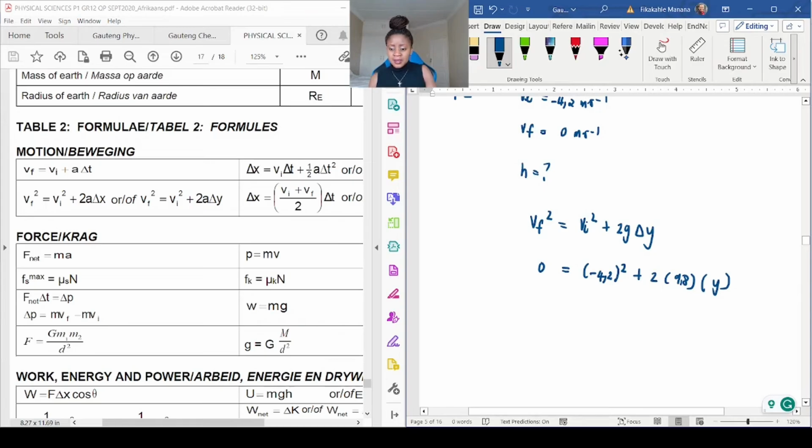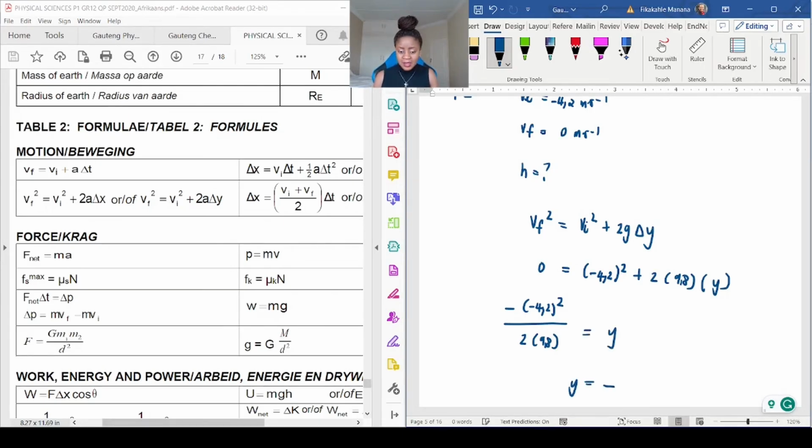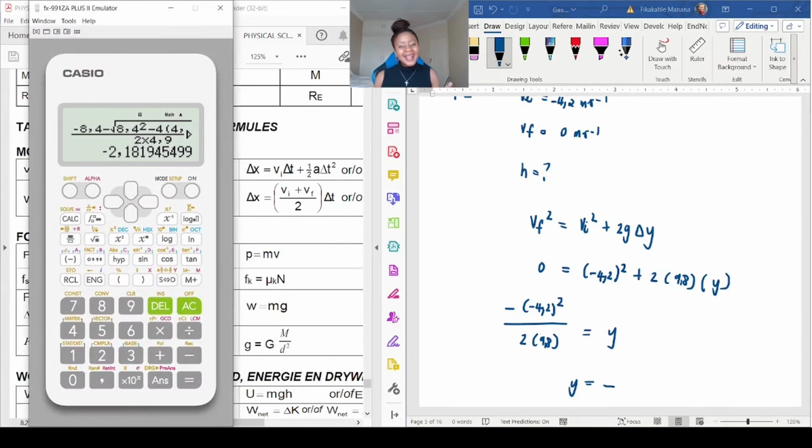So negative 4.2 squared divided by 2 times 9.8 is equal to y. So y is equal to negative what? But because this is the height we are referring to, ultimately you're going to have to say your answer is positive. The negative is really because of the convention that we chose.